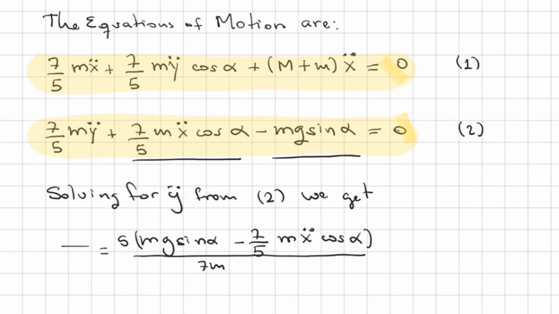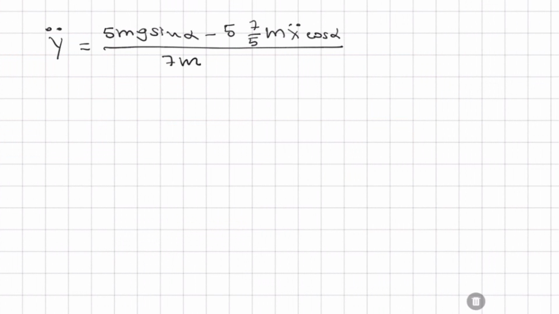And we finally get that y2 dot dot is equal to this. What we do now is we distribute this 5 multiplying every term in the parentheses, and we get the following. And now we can simplify this 5 with this 5, right? And finally we get the equation like this.